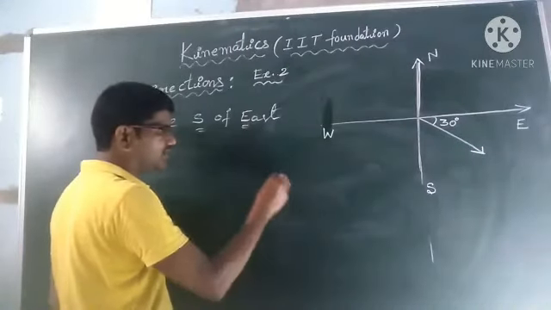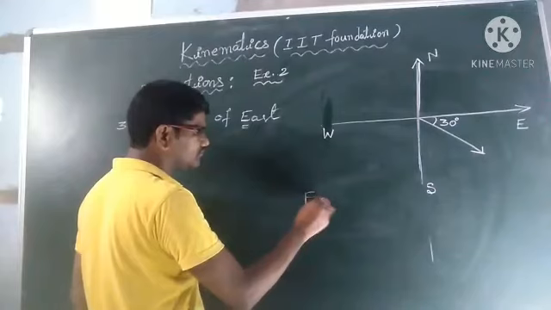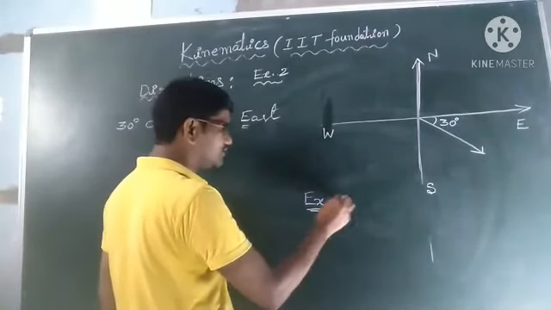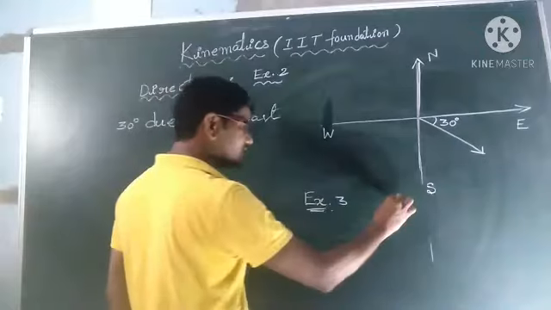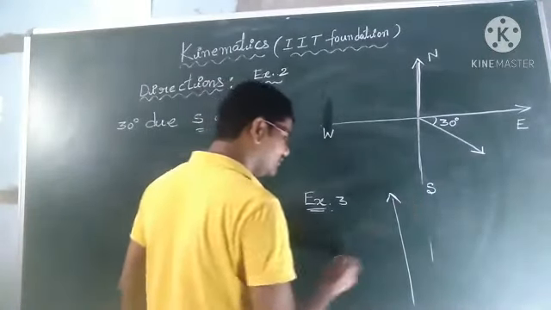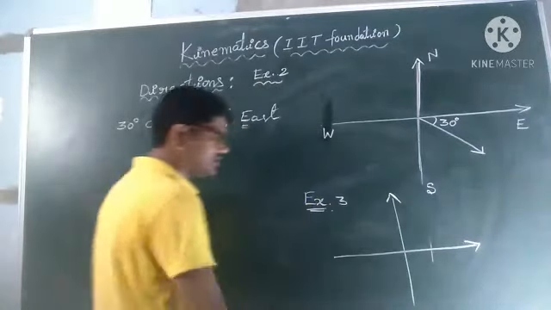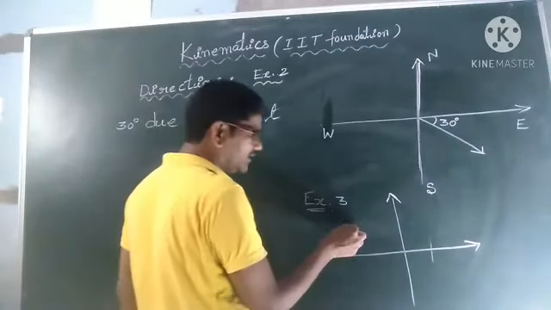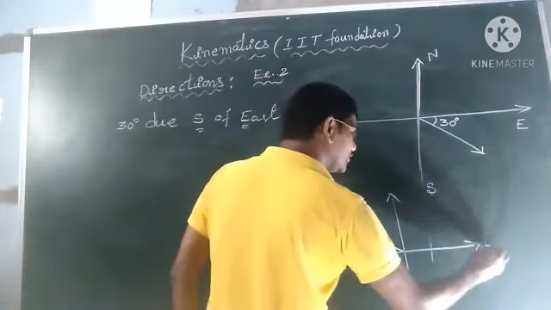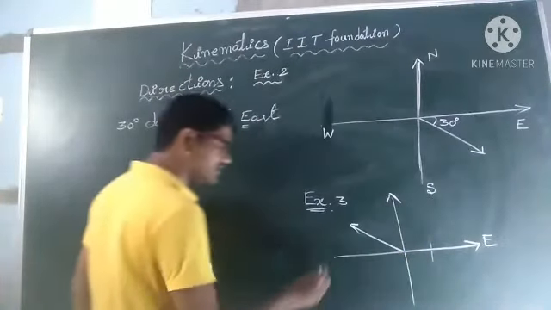And I can take one more example. Now another example, example 3, you see, students. Now it is lying here. This is the vector line, or physical quantity.